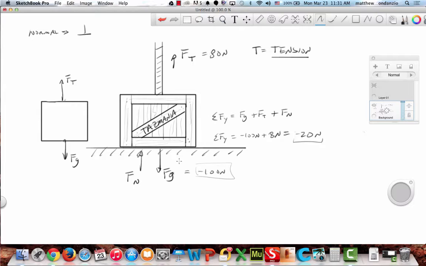Number two, no matter what, if this is my floor, let's say it's a ramp, my normal force is always going to be perpendicular. It acts on the object perpendicular to the surface that it's on.